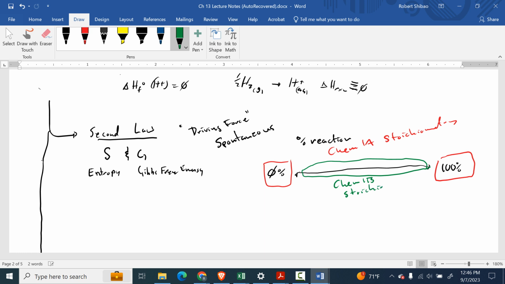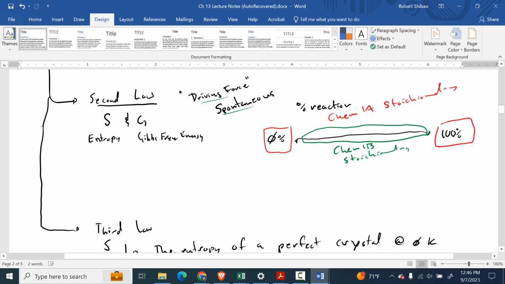In order to do Chem 1B stoichiometry, we need to know how much reaction takes place. Therefore, we need to know this driving force, or we need to know this spontaneity in detail. And so qualitatively, when we look at driving force, let's go qualitative. Nature tends to do two things.